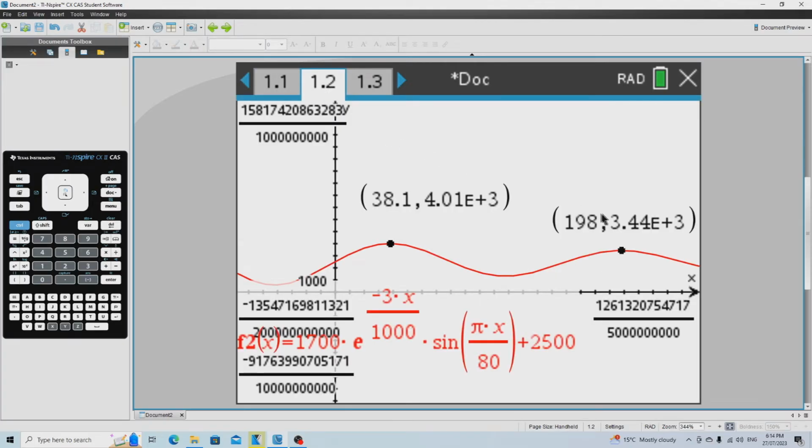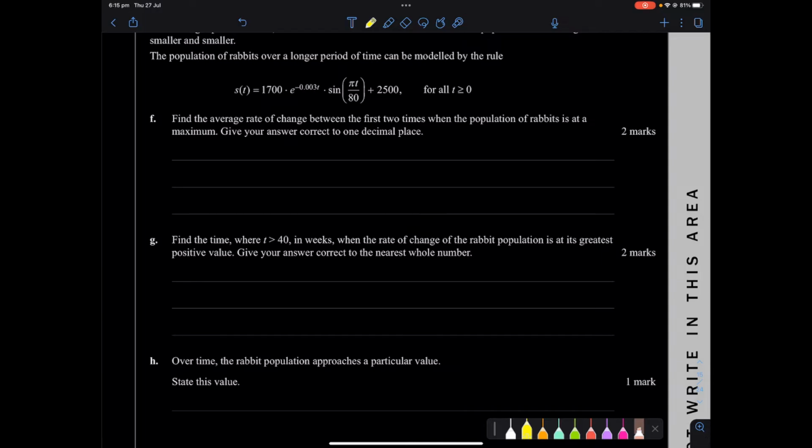Okay, so what I'm going to do is just use that. Let's say f from 198 minus, sorry, it's S on t here. So it's S 198 minus S 38.1 all over 198.